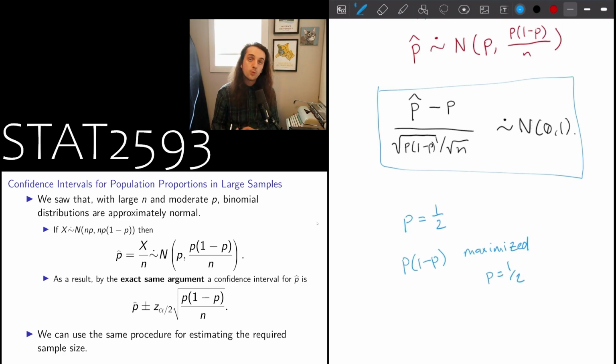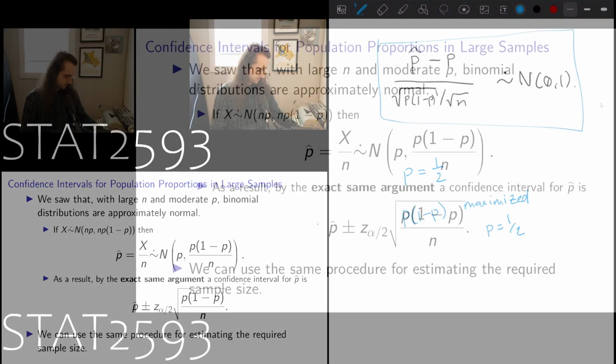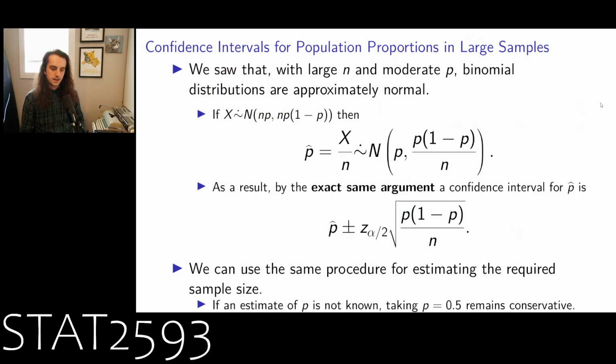Because of that, if we wanted to be as conservative as we could be, taking p equals 1/2 is going to give us the most conservative estimate. Otherwise, we can just use our estimated value and plug it in, and this is going to be approximately correct whenever the approximation holds. So again, if p is not known and we're trying to do sample sizing, taking p equals 1/2 is going to be conservative.